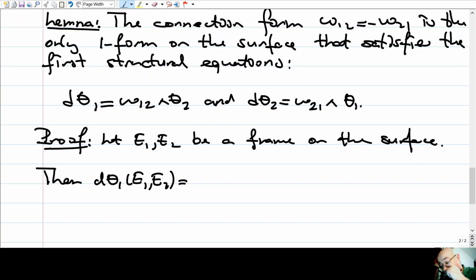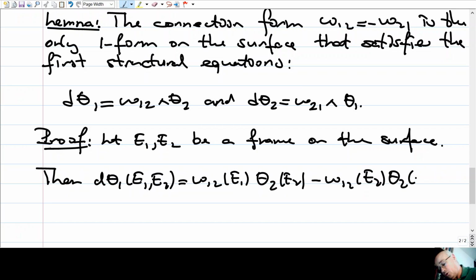Since d theta 1 is this, I get omega 1 2 of E1 times theta 2 of E2, minus omega 1 2 of E2 times theta 2 of E1. However, since thetas are the dual forms, this is equal to 1 and this is equal to 0.